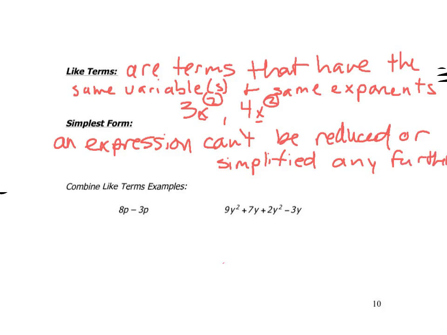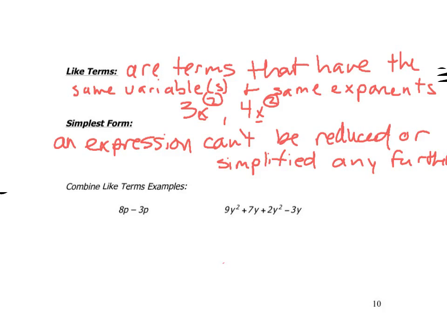Now, that appears sometimes when you're either at the end of simplifying a problem, so you can't go any further, or you may start with an expression that you can't do anything to. So rather than forcing the issue, you write it's in simplest form, or you can say simplified.